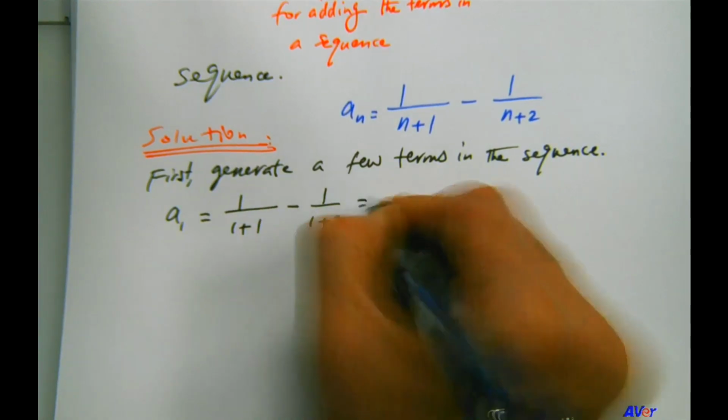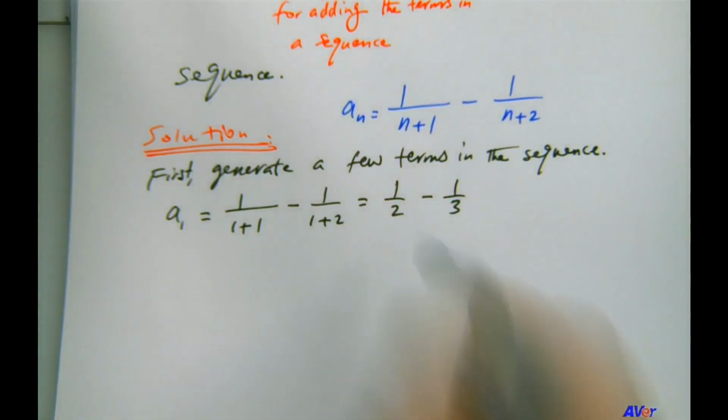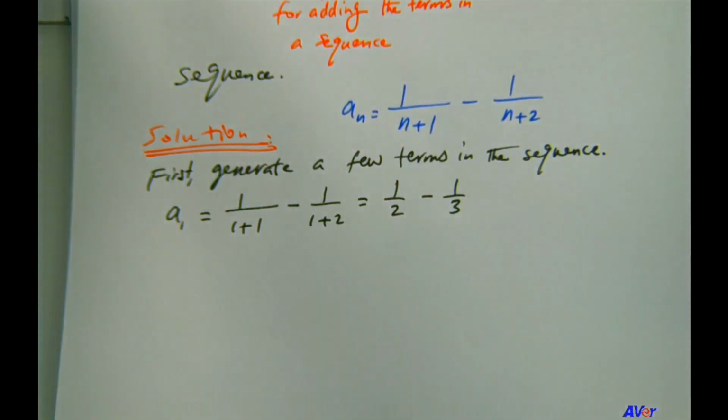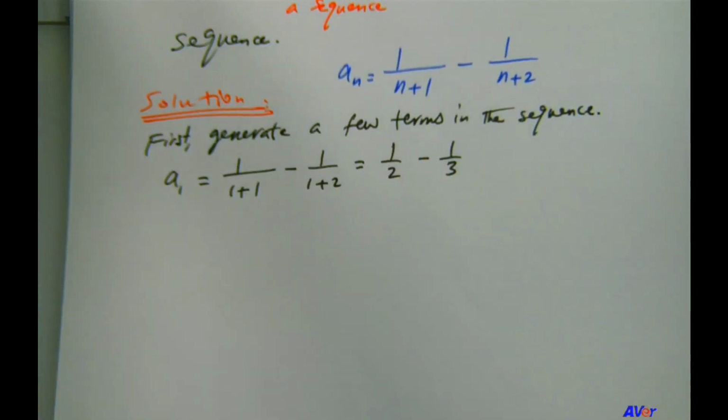So we have 1 over 2 minus 1 over 3. Now normally I would take the common denominator here and combine and simplify, right? But not in this case. In this case, believe me, it's better if you leave it like that. So we don't want to take the common denominator and simplify this. Let's leave it like that, and you'll see in a minute why.